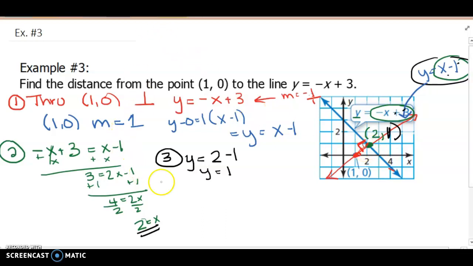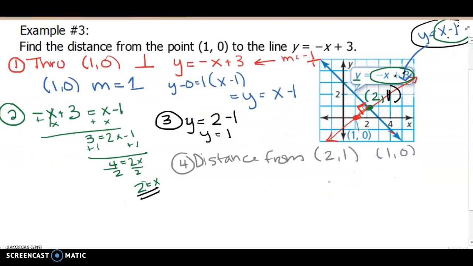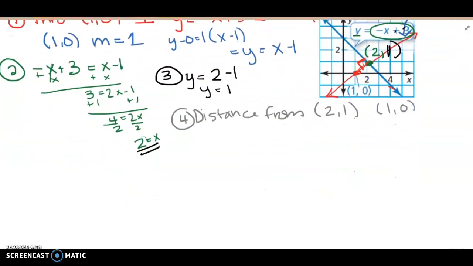Now it's easy. So now I just want to find the distance from point (2, 1) to (1, 0). Okay, now I'm going to label my x1, y1, x2, y2.